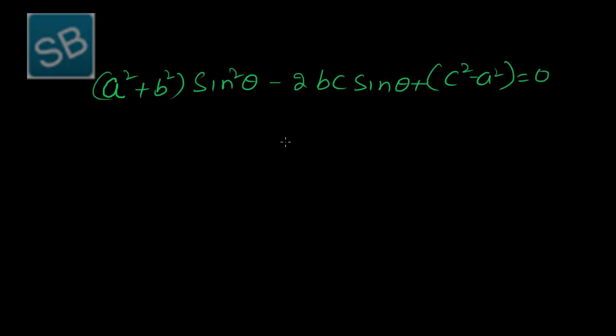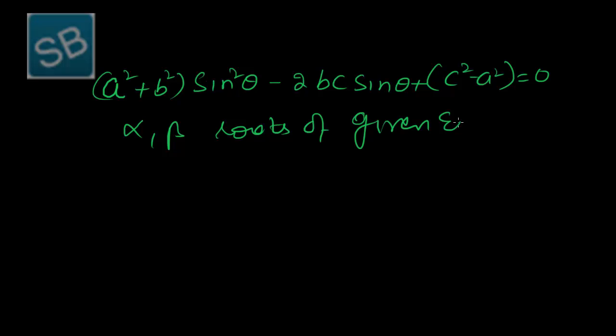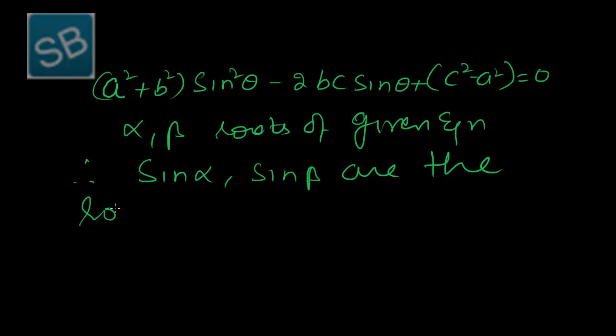So this is a quadratic in sin theta. Alpha and beta are roots of this equation. Therefore, as this equation is in sin, sin alpha and sin beta are the roots of the above equation.